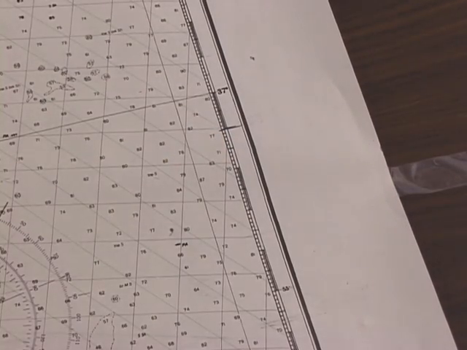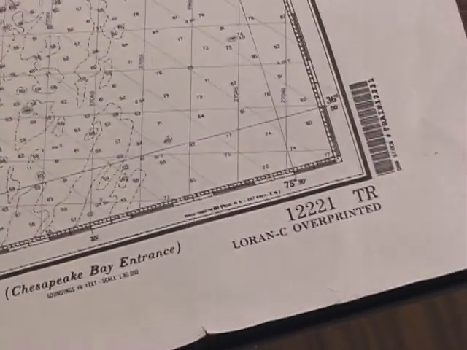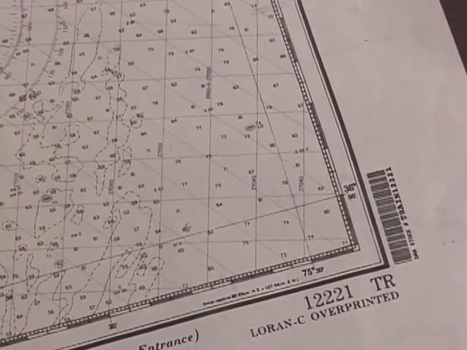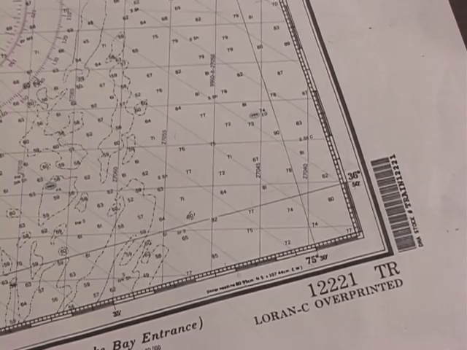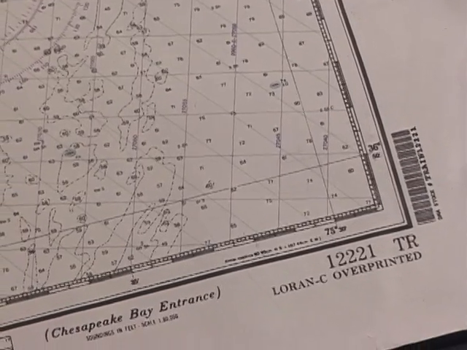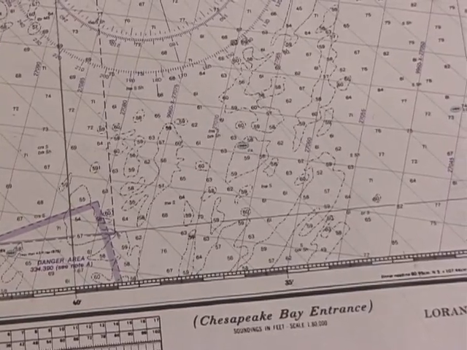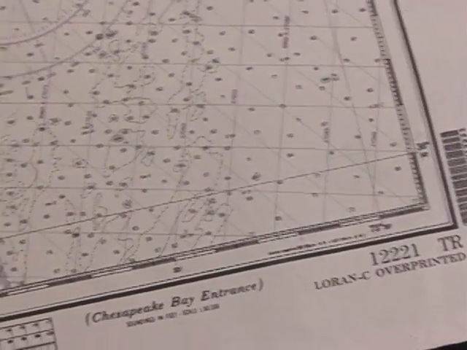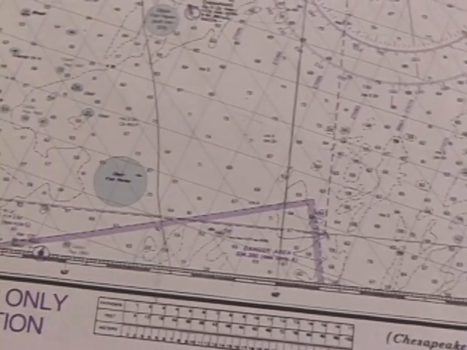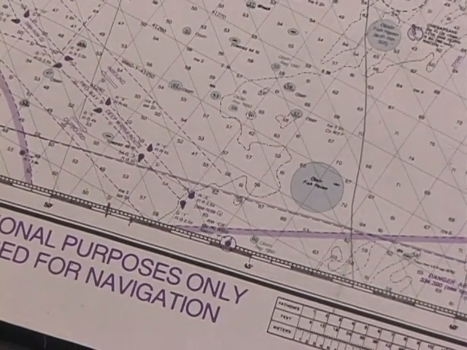Then I went ahead and found my longitude, 75°48.6 on the paper. I found 75. You'll see 7530 is right there. Then I go 35, 40, and then 45.